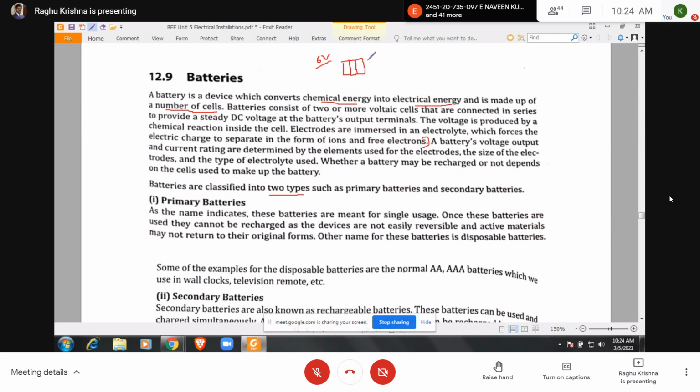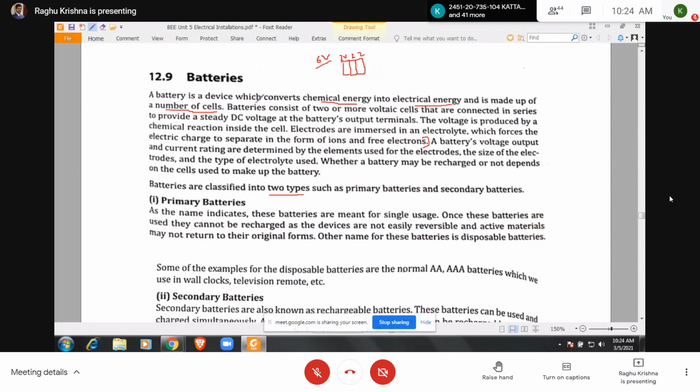The battery contains cells. Let us take a 6 volts battery. It is made up of 3 cells, each of 2 volts. 2 volts, 2 volts, 2 volts put in series to form a 6 volts battery. Individual cells combined together form a battery.